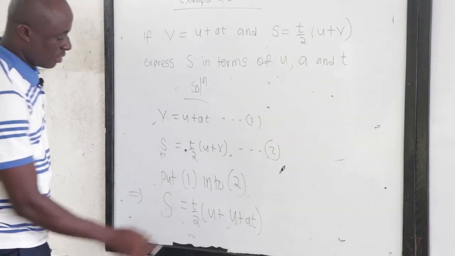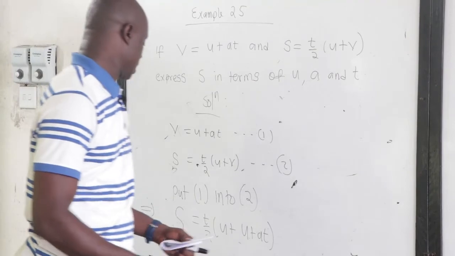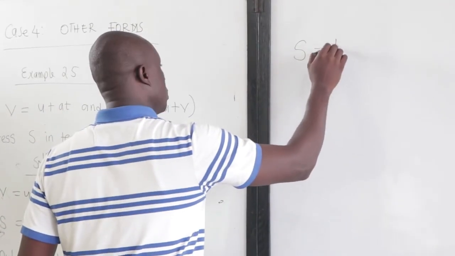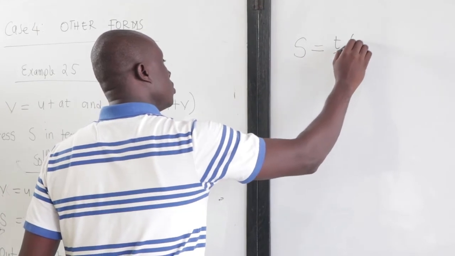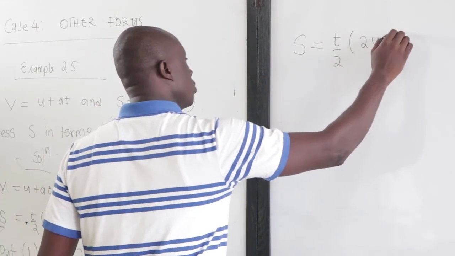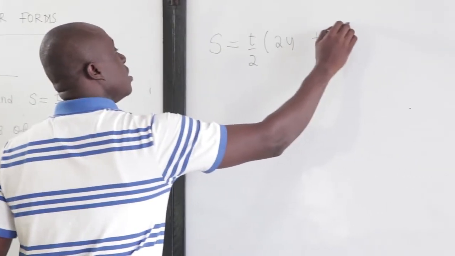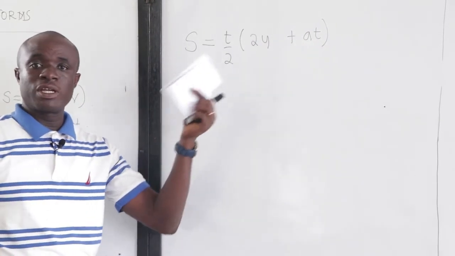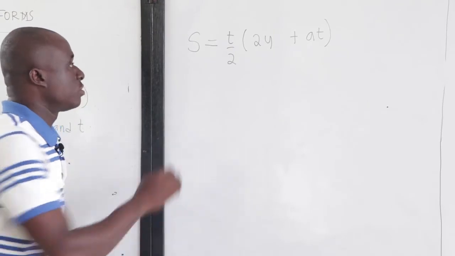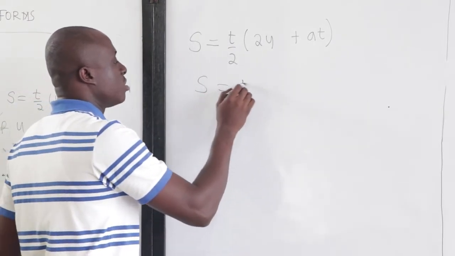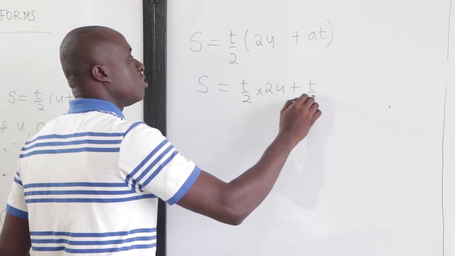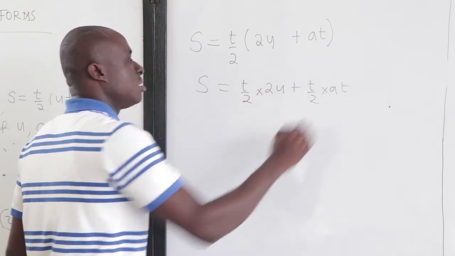Now from here, what is u plus u? This is giving us 2u. So we have our s to be equal to t over 2 times (2u plus at). Now from here, what can we do? We can multiply through with the t over 2. So we have s to be equal to t over 2 times 2u plus t over 2 times at.